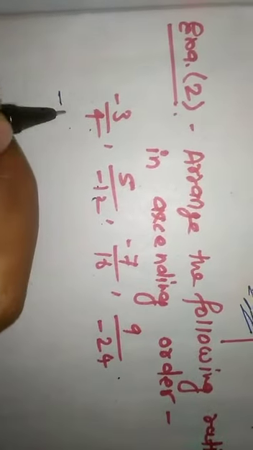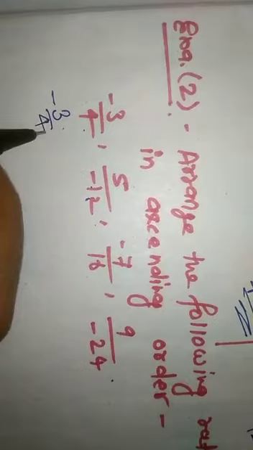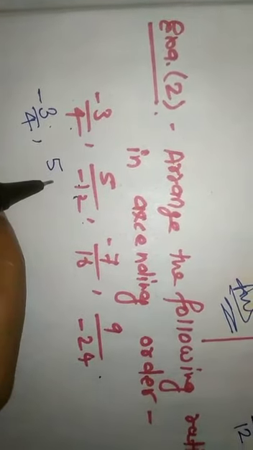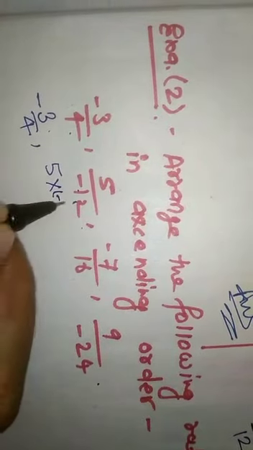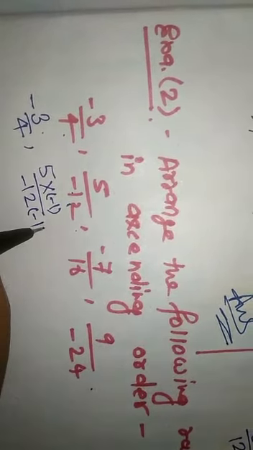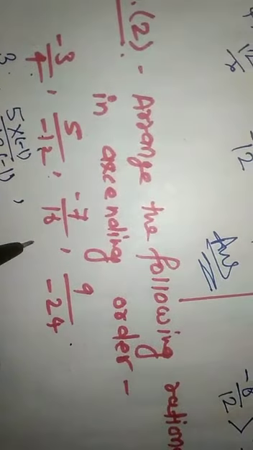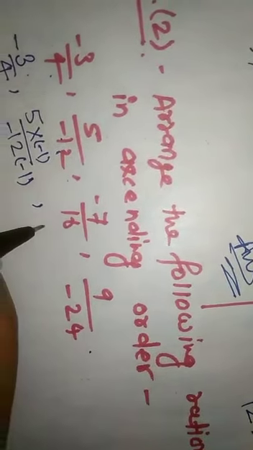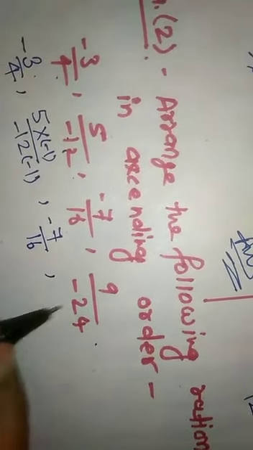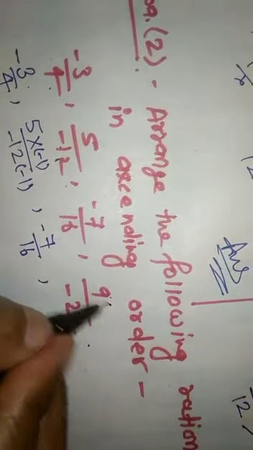This one is already in standard form. This is not in standard form. So 5 by minus 12, multiplied by minus 1 in numerator and denominator. This is in standard form: minus 7 by 16. This is not in standard form.